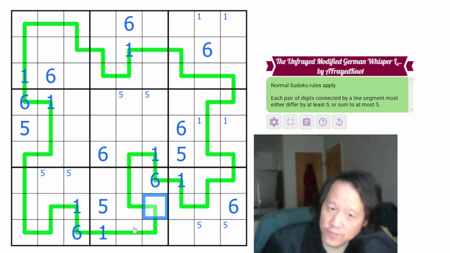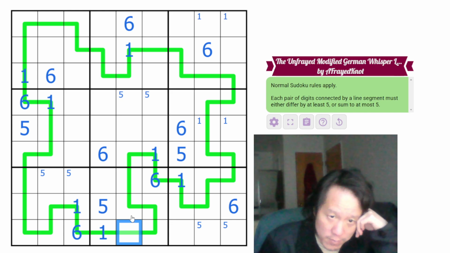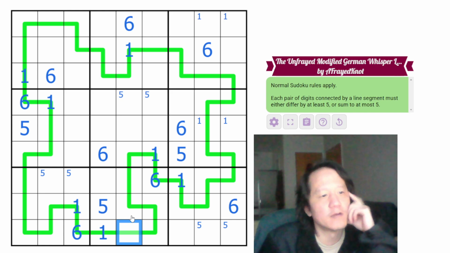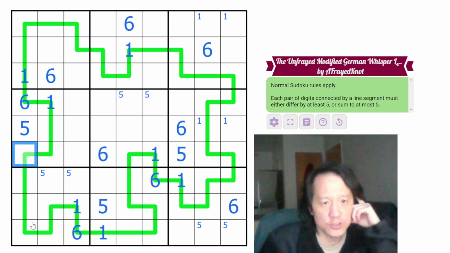What about 4? 4 can be next to only 1 or 9. So 4 cannot be here because it's next to 2 unique digits, and 1 would be basically removed.